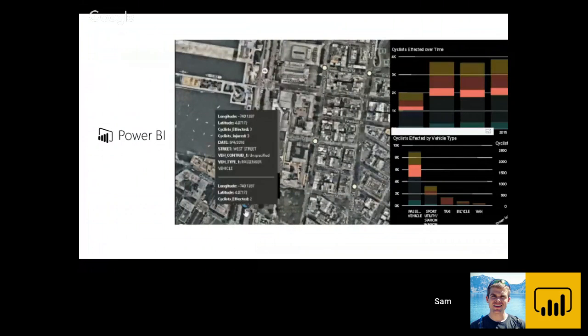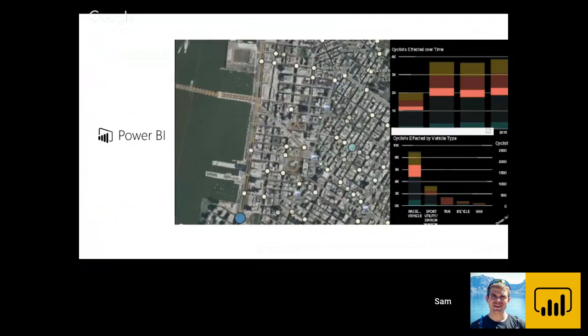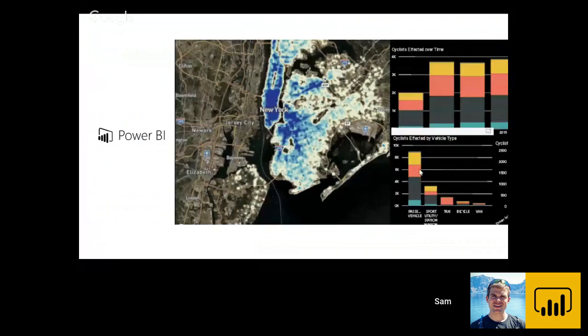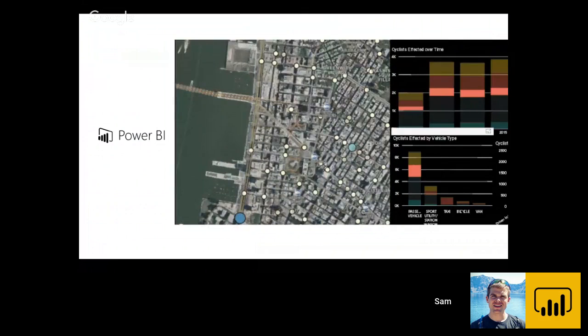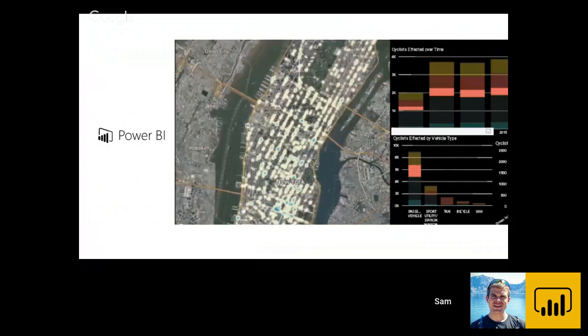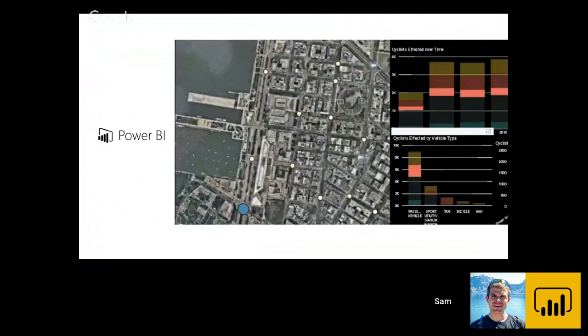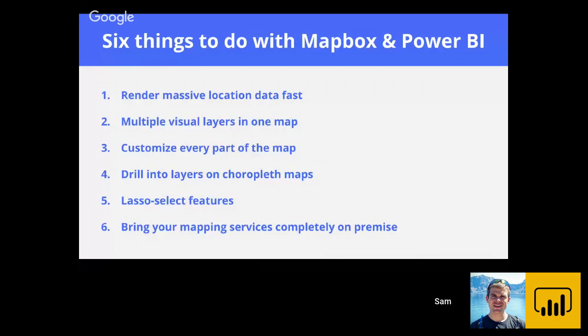Mapbox, I guess, traditionally has been used for developers, but this custom visualization really brings the power of Mapbox in the hands of any business intelligence analyst or developer. No engineering experience required. And let's see what that looks like.